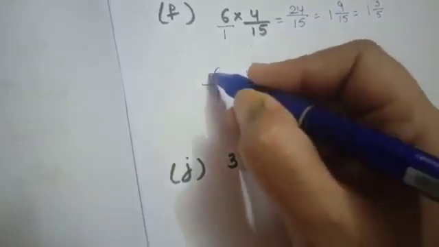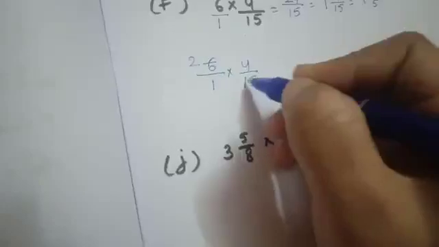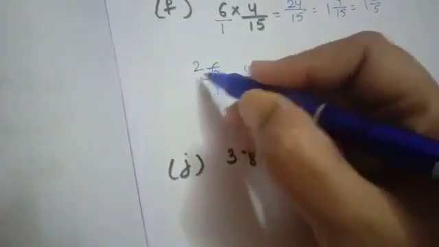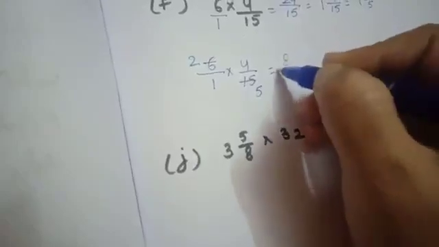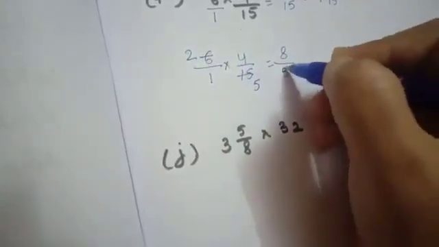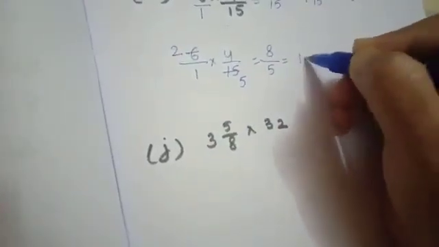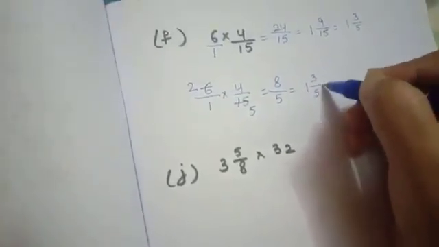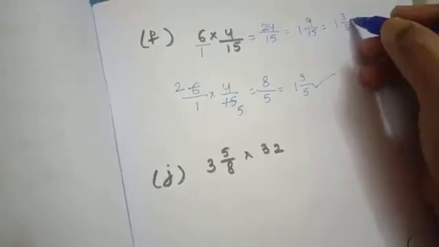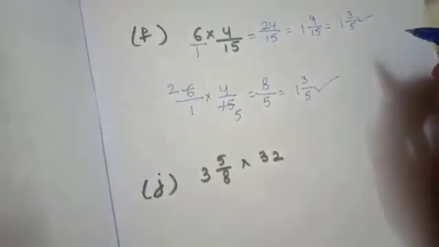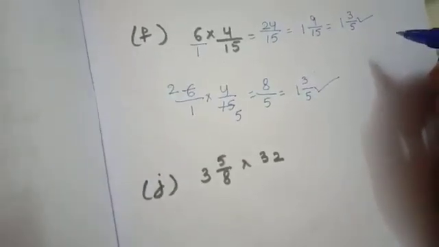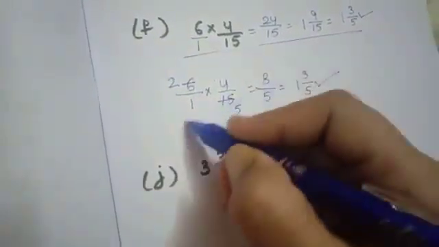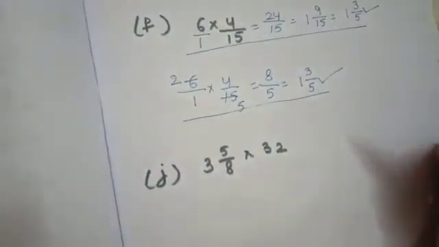That number is 3: 3 twos are 6, 3 fives are 15, so 2 fours are 8, 5 ones are 5. Improper is converted to mixed, so the answer is 1 3 by 5, the same answer as with this method. Okay, so you can apply either of the methods, this or this.